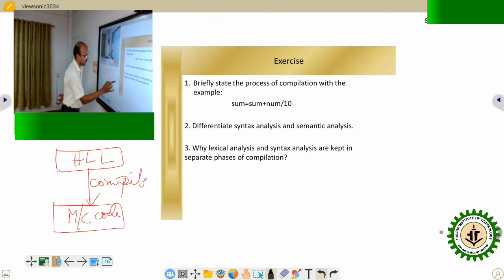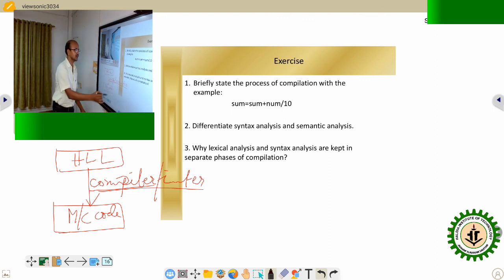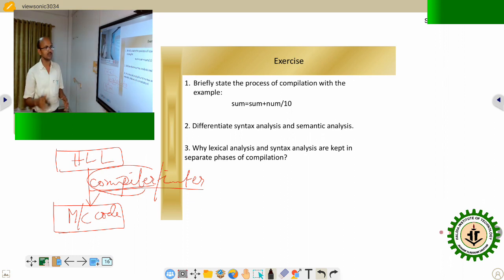There is a slight difference between the compiler and the interpreter. The interpreter checks line by line, while the compiler checks the whole program and generates all the error reports, and the whole program is translated into machine code if there is no error. Note that the compiler does not work in a single stage; it works in a number of phases.